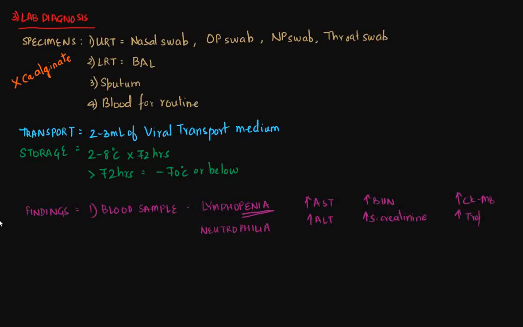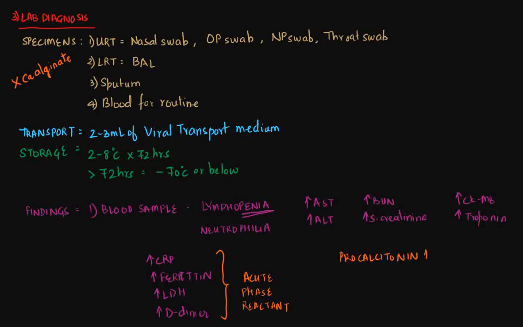Increased CK-MB and increased troponin signify damage to the heart musculature. Then there is increased C-reactive protein, increased ferritin, increased lactate dehydrogenase, and an increase in D-dimer. These are all acute phase reactants, so they signify ongoing inflammation.